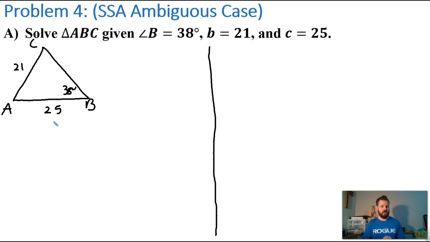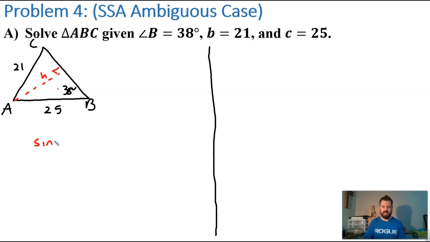Now, could it be no triangles? Yes. But I don't need to worry about that here, because 21 and 25 are pretty close in size. I'm pretty confident that 21 is going to be greater than the height to this other side's base. What I could do is calculate that real quick. For that, I'm going to use this right triangle in the bottom corner. I've got the hypotenuse of that triangle, and the height is the opposite side.